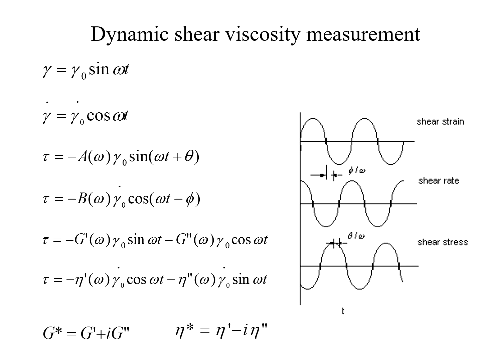So tau is a dynamic shear stress, and G is dynamic shear modulus. G star, the complex shear modulus, is equal to G prime plus i G double prime. The eta star, complex viscosity, is equal to the real viscosity part minus i imaginary viscosity part.